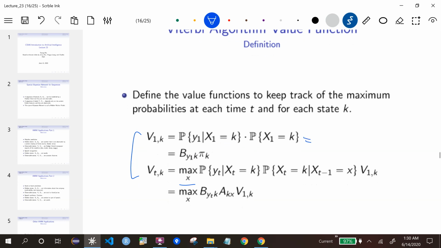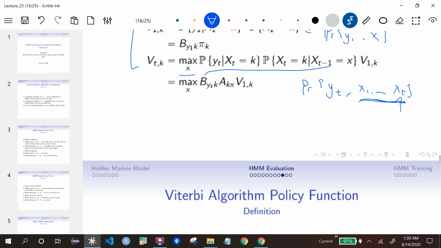Briefly, this is the probability of y1 and x1 at the same time. And these are the probability of yt and x1 until xt at the same time. We already know what happens before and we're just trying to figure out the current one, which is the best one. And indeed, that's exactly what's happening.